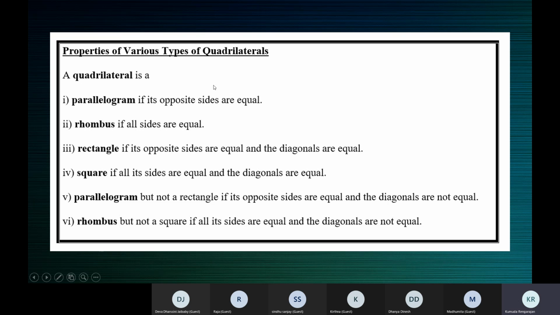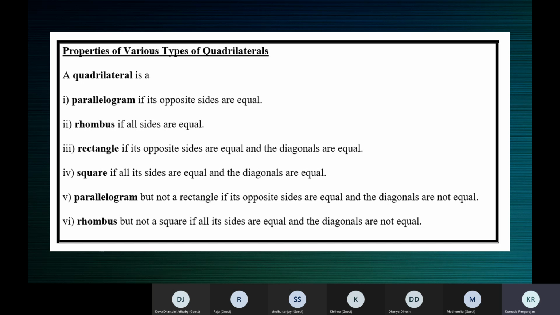These properties are written just using the words equal and not equal. You can read this, children. Just using the terms equal, not equal, equal, not equal. Talking about the sides and diagonals, opposite sides and diagonals.